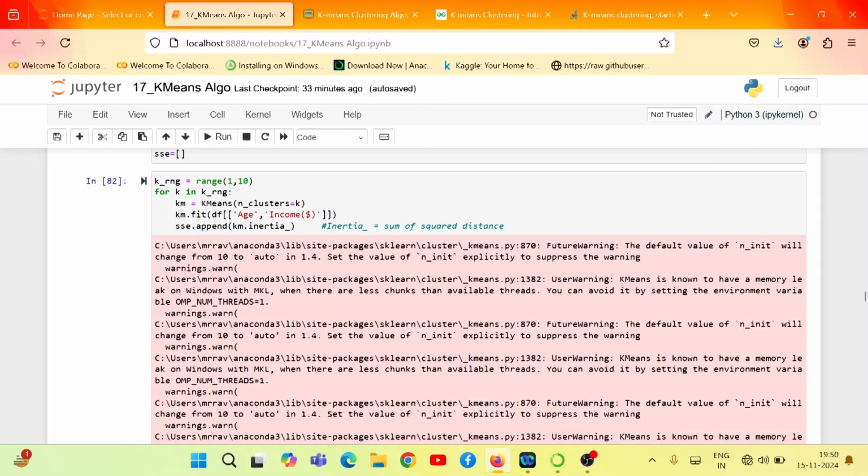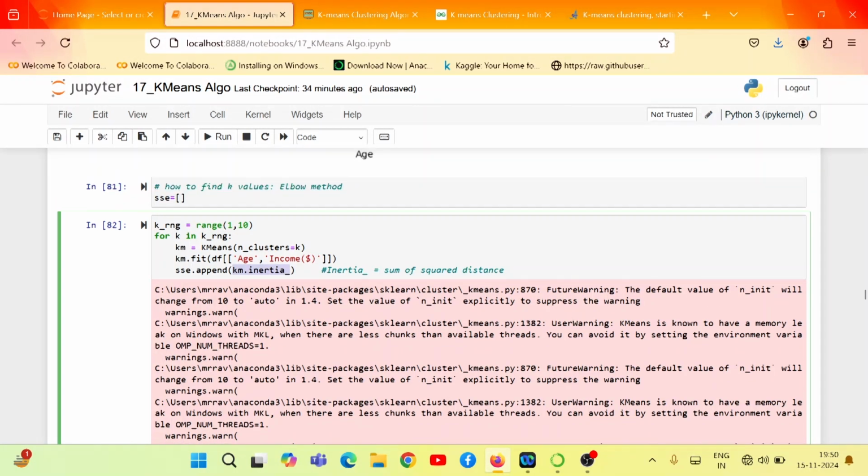To train the model, we use this km.fit method for training purposes. To get the sum of squared error, we use the km.inertia_ property of the model. After this, we append this SSE value in each turn to the list called SSE. After each iteration, we get the updated value of SSE that we are appending into this list.